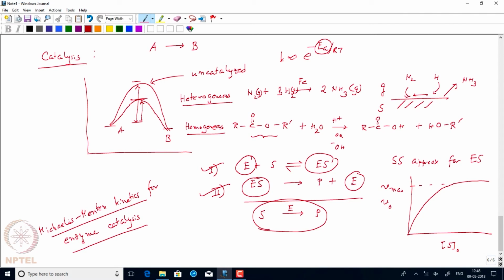And then people talk about the alternate representation of the Michaelis-Menten kinetics, which is known as the Lineweaver-Burk plot. Instead of V0 and S0, you plot the reciprocals, 1 over V0 and 1 over S0, and then you get a linear plot.